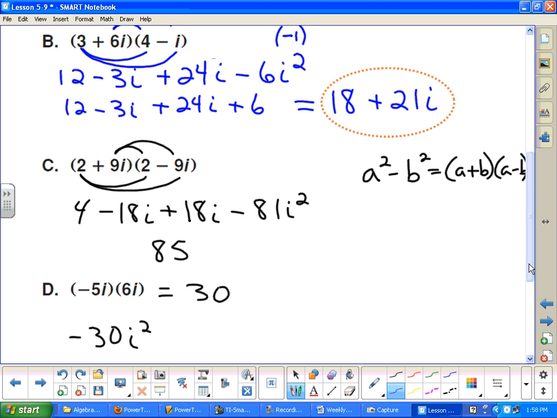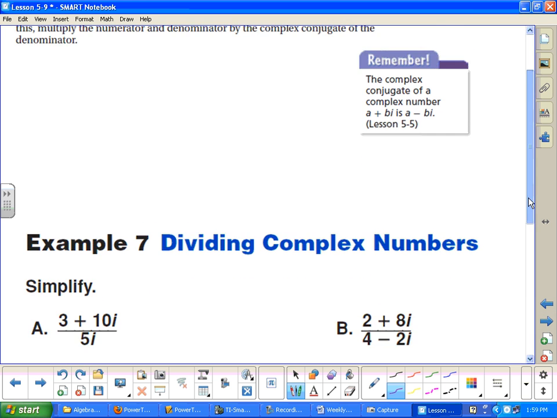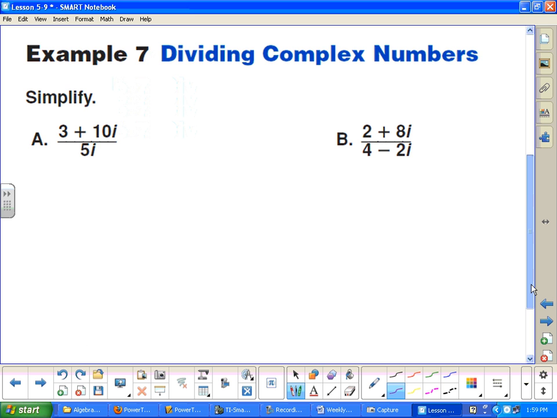When we multiplied by the complex conjugate, what happened? Our answer did not have an i in it, we just had 85. And so to get the i out of the denominator, we're going to multiply by the complex conjugate. And then I'm going to show you a little trick with your calculator.